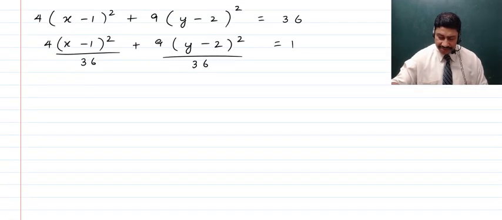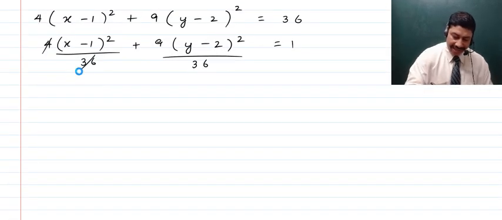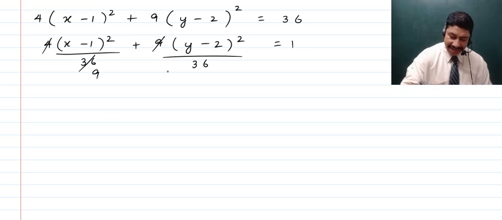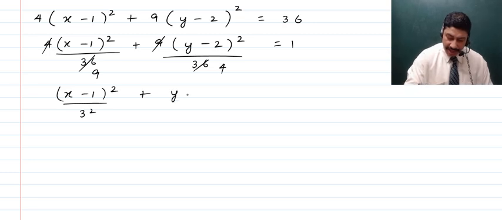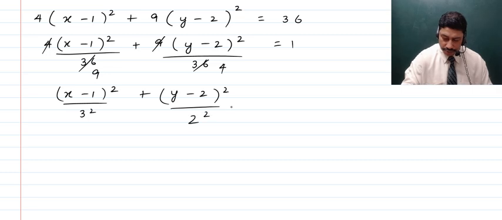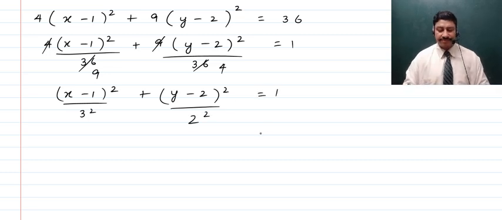Now after this, children, next 4 will cancel 36 9 times and 9 will cancel 36 4 times. As such, this can be written as x minus 1 whole square upon 3 square plus y minus 2 whole square upon 2 square is equal to 1.